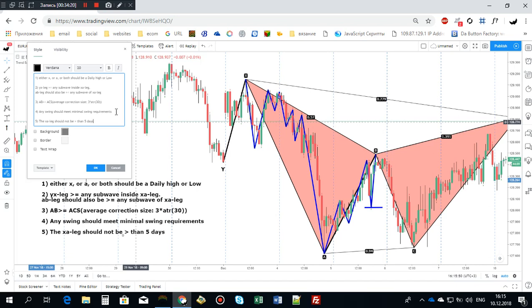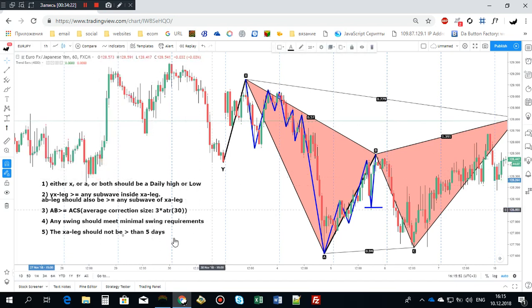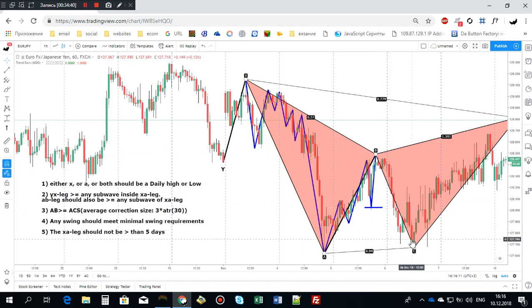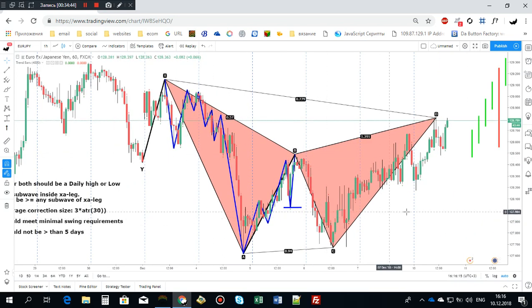And of course, if you trade dailies or 4 hours, it should not be 5 weeks or whatever you use as your higher time frame. Maybe 5 months if you trade dailies. It should not be greater than 5 days. So these 1, 2, 3, 5 guidelines will make your swing identification objective. Hope that's it.